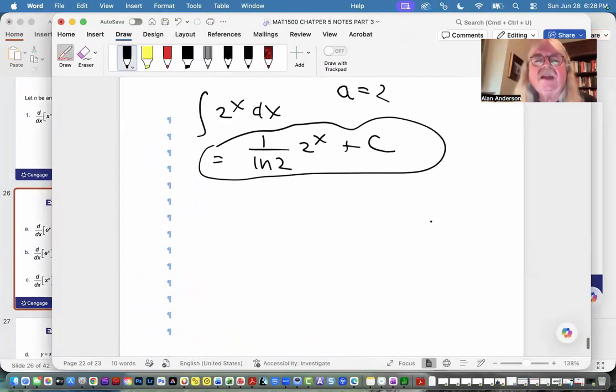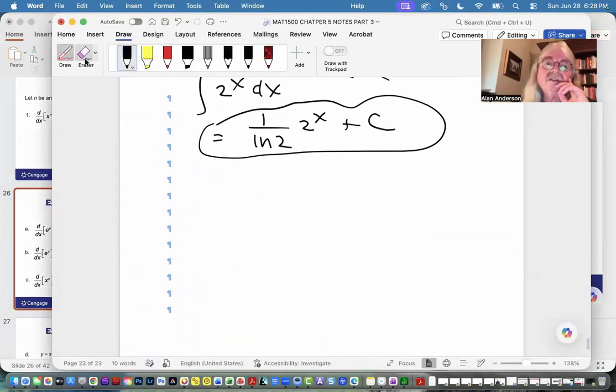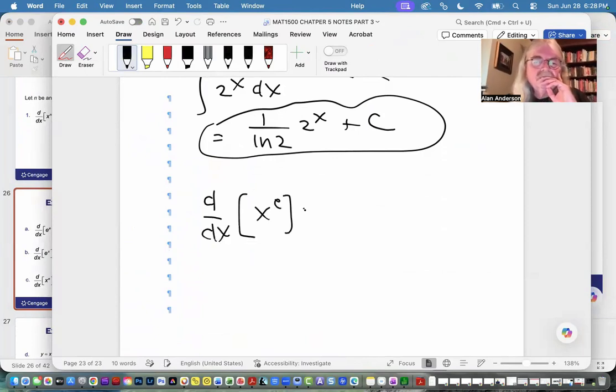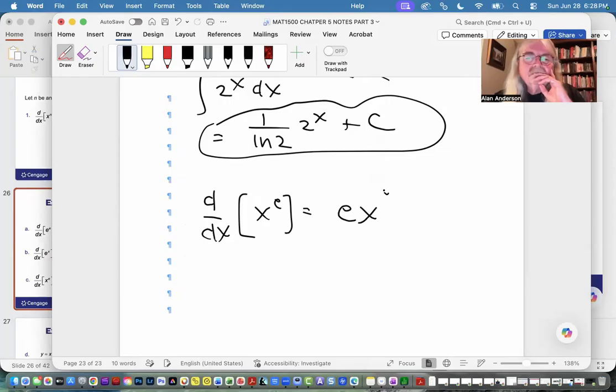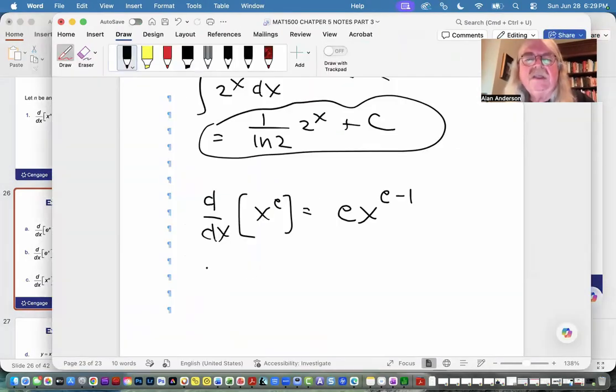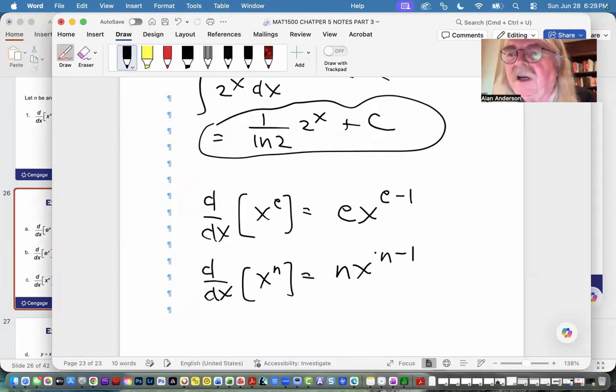So the derivative of x to the e, as strange as it looks, that's all there is to it. Because if it was x to the n, you would have had n x to the n minus 1. So it's the same thing. It's just a different constant.